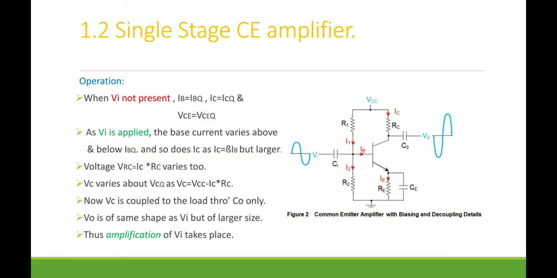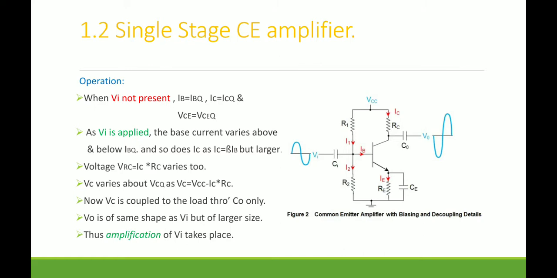As Vi is applied, the base current varies above and below IBQ, and so does IC, as IC is equal to beta times IB but larger. The voltage VRC will obviously be the product of IC, the current flowing into the resistance, so that voltage also varies due to IC varying.